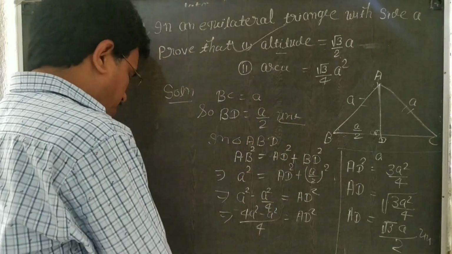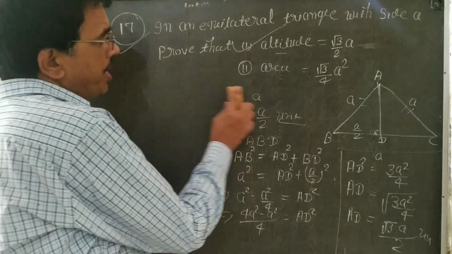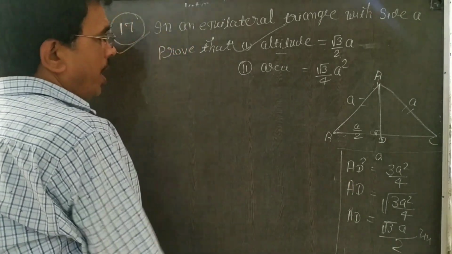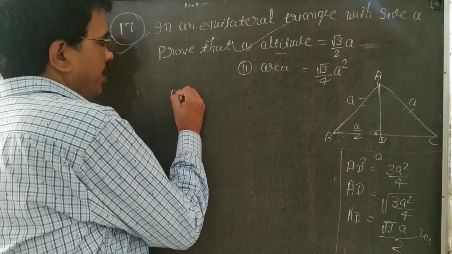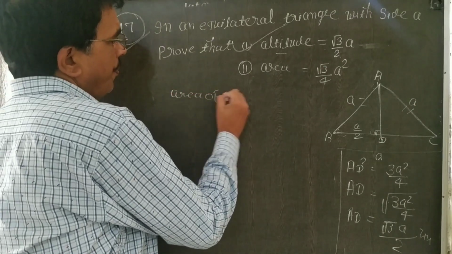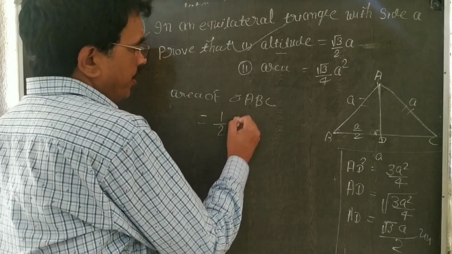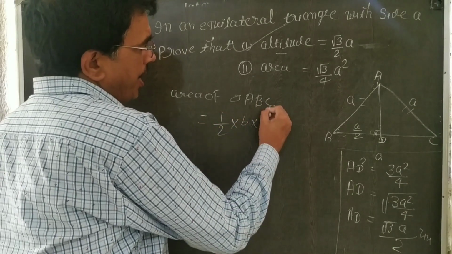If you find the altitude, then you can clearly find the area of the triangle. So you write area of triangle ABC is equal to 1 by 2 into base into height.